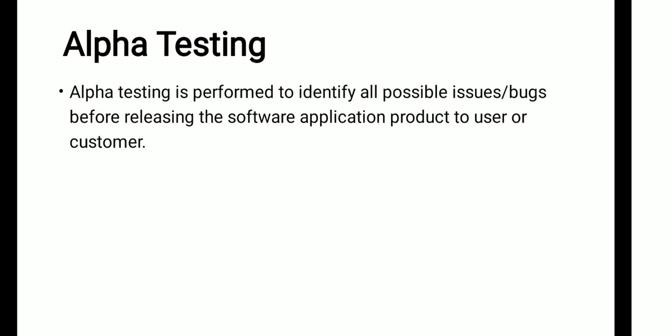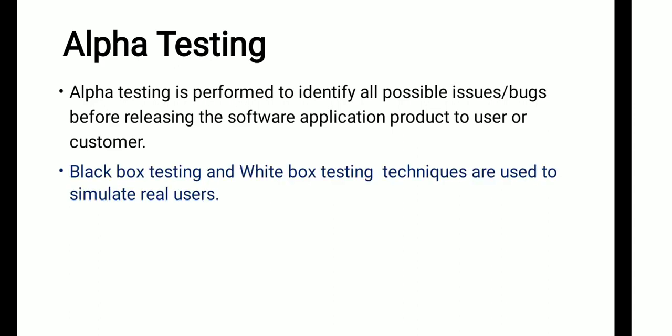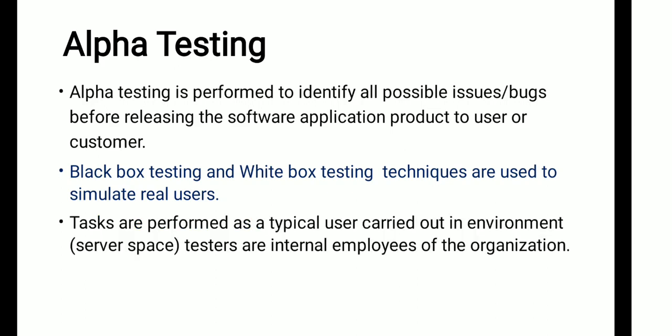Next, that is alpha testing. Alpha testing is performed to identify all possible issues and bugs before releasing the software application to users or customers. Black box testing and white box testing techniques are used to simulate real users. Tasks are performed as a typical user would carry them out, in the server space environment.